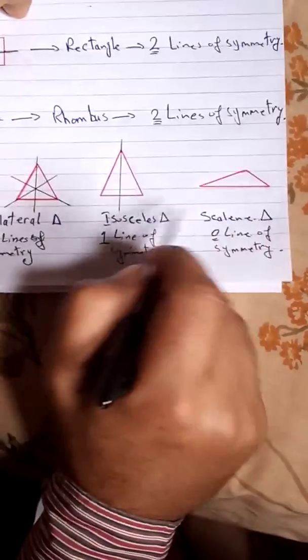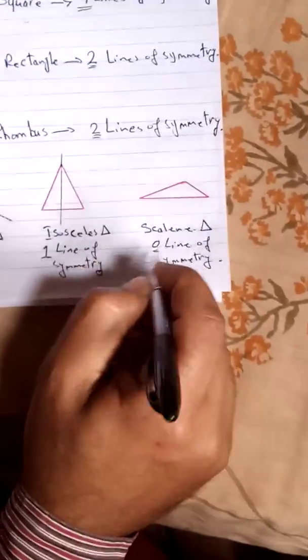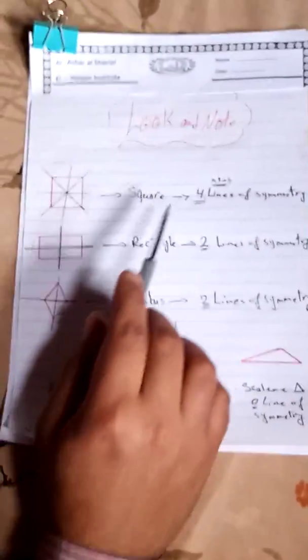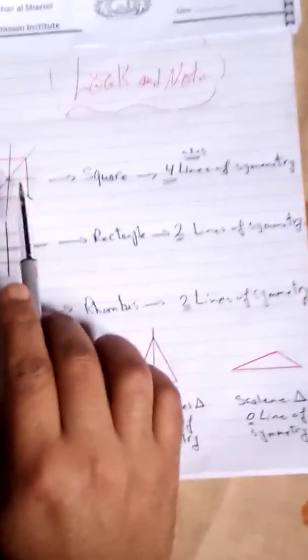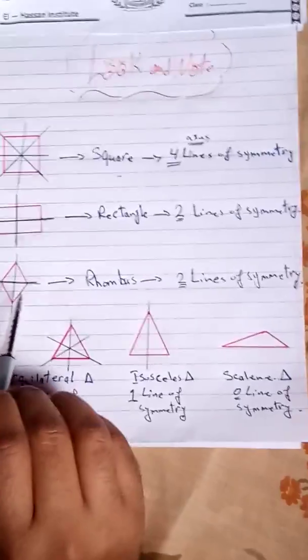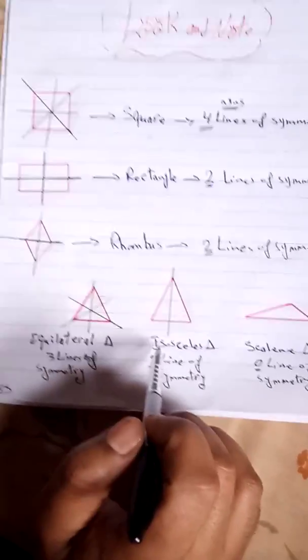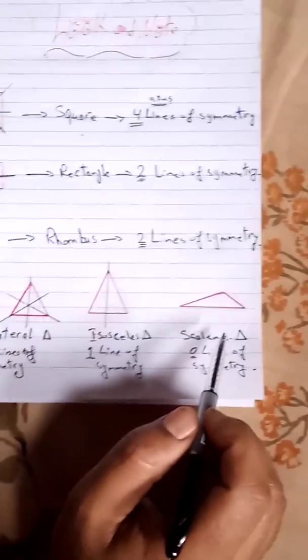The scalene triangle has 0 lines of symmetry. Okay, so square 4. Repeat after me, primary 4: square 4 lines, rectangle 2 lines, rhombus 2 lines, equilateral triangle 3, isosceles triangle 1, scalene triangle 0.